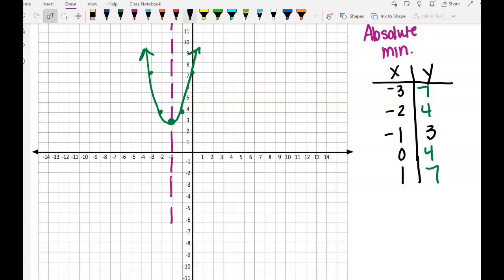Domain, we've talked about this. Domain does not change. Domain for any parabola, because again, domain is my possible x values. There's no restriction on my x values. I can go as far left as I want. I can go as far right as I want. So my domain is always all real numbers.